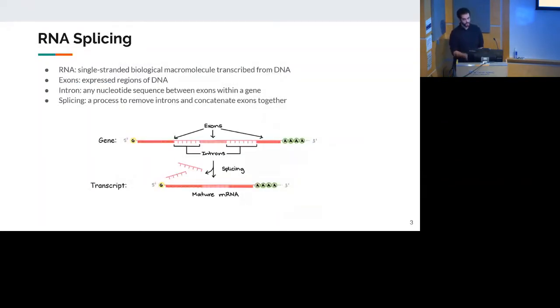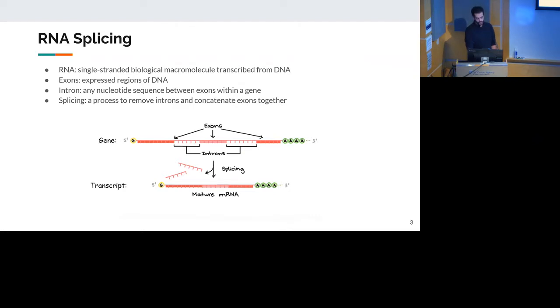As you know, RNA is a single-stranded biological macromolecule which is transcribed from DNA. Exons are the expressed regions of the DNA, and any nucleotide sequence between the exons within a gene is called an intron.